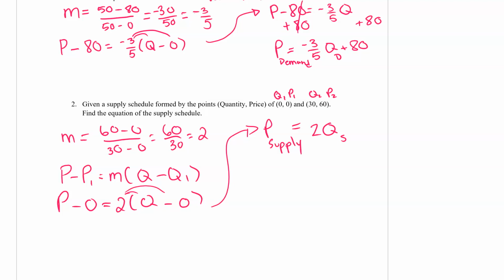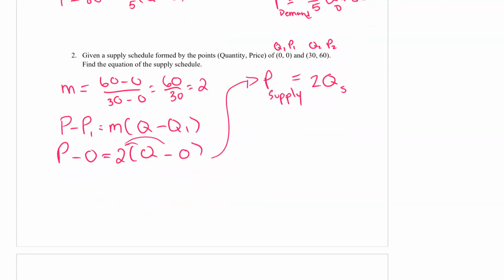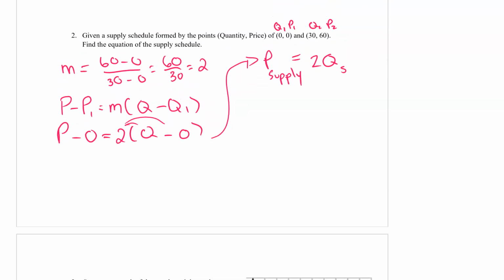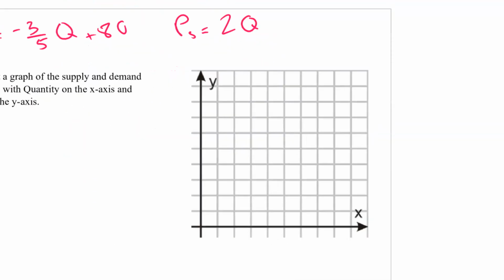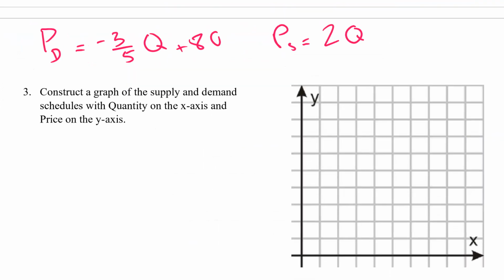All right, so let's remember those two equations as we go down here. We've got our P for demand. It's going to be equal to negative 3/5 Q plus 80. And our price for supply is equal to 2Q. All right. So now we have to graph these 2 lines.